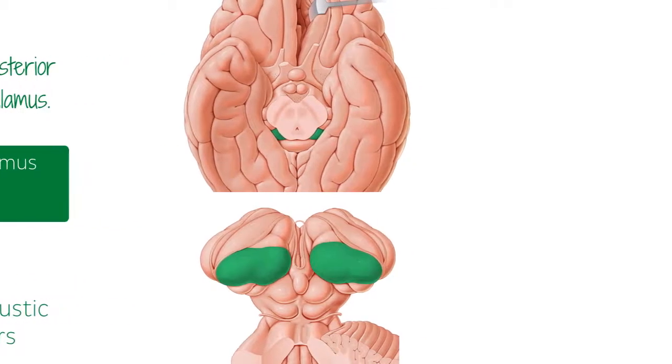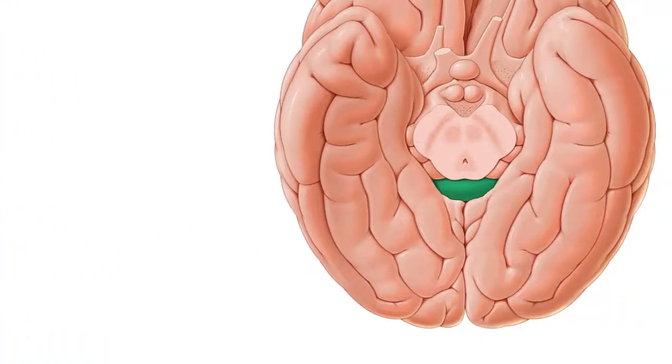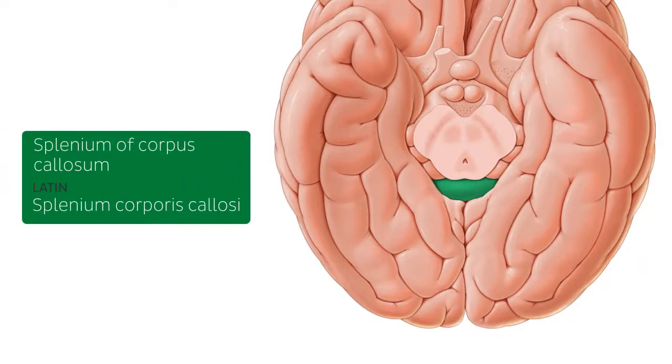The next structure we're going to be highlighting here is known as the splenium of the corpus callosum. Finally, in this part of the brain, we see the posterior end of the corpus callosum, which is known as the splenium. And as you know, the corpus callosum is a structure at the base of the longitudinal fissure of the cerebrum, comprised of massive transverse fibers that connect the left and right cerebral hemispheres.